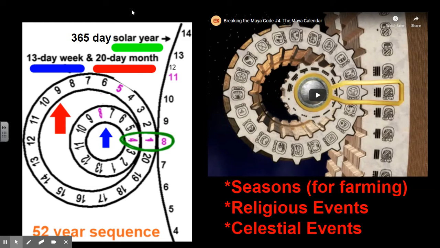So let's talk about how this works. And we're going to talk about some similar things and different things from our calendar, obviously. First thing is that they have a 13-day week. As you can see on this ring, there are 13 numbers on it to represent one week, whereas in our week, obviously, it's represented as 7 days.